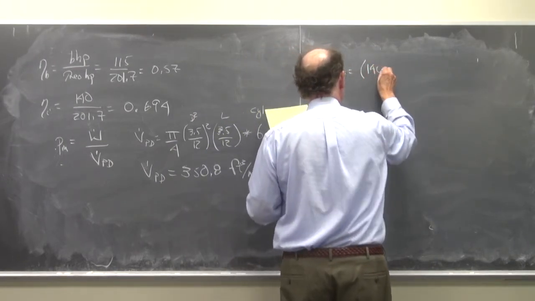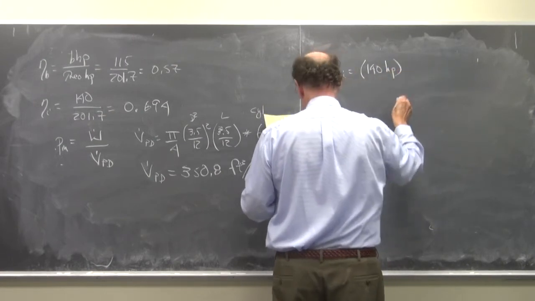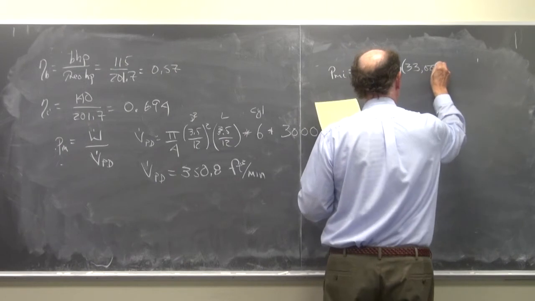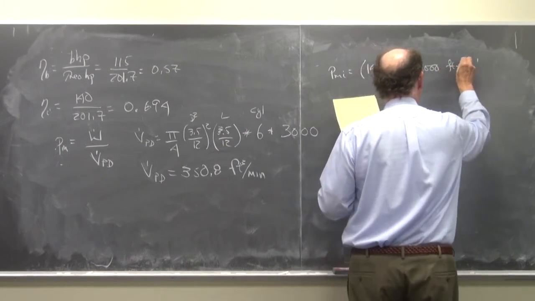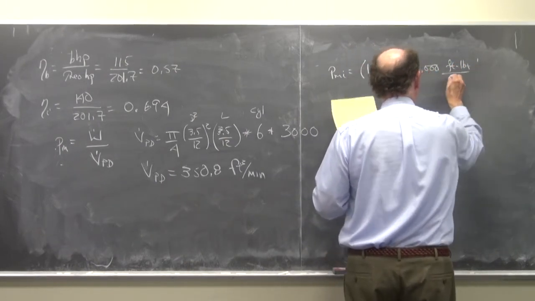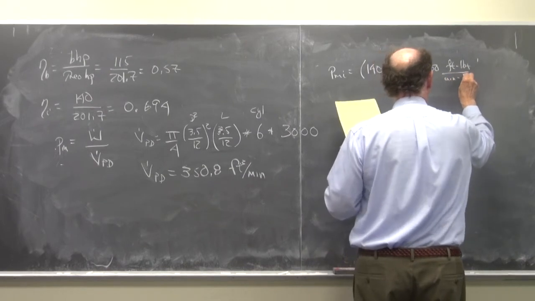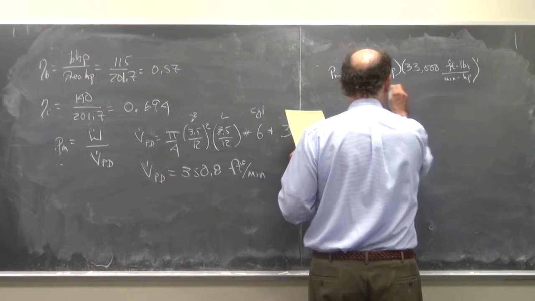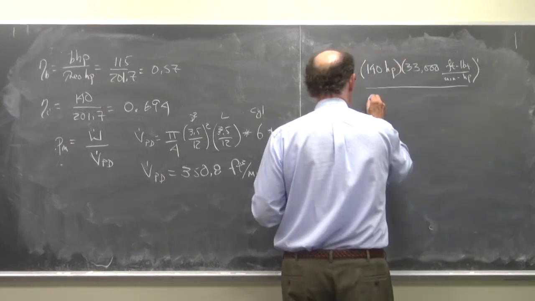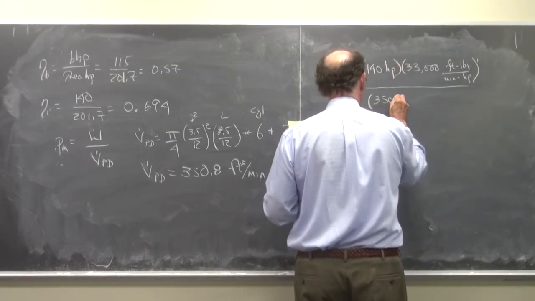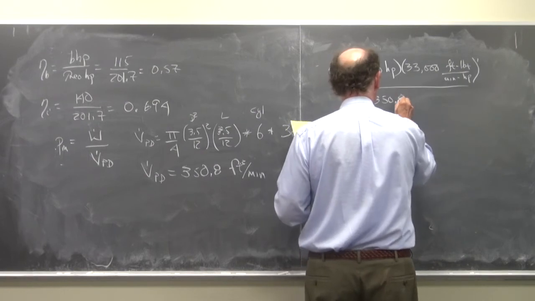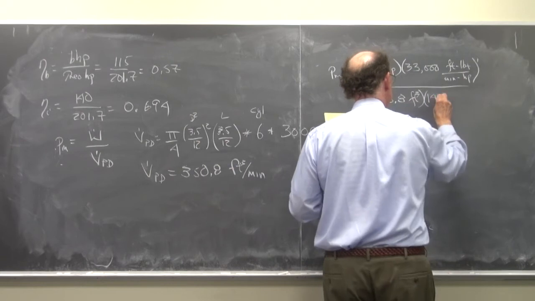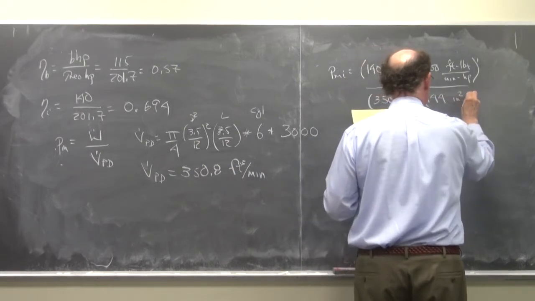So I have 140 horsepower times 33,000 foot-pounds force per minute per horsepower, divided by 350.8 cubic feet times 144 square inches per square foot.